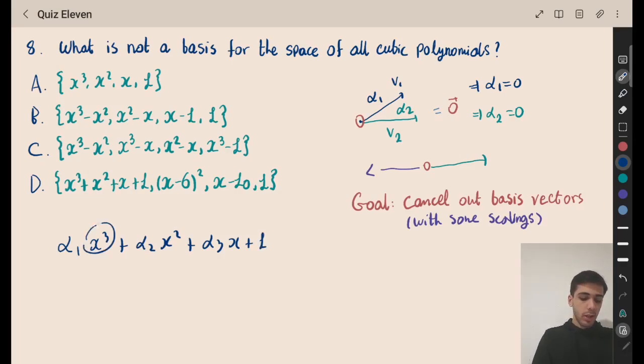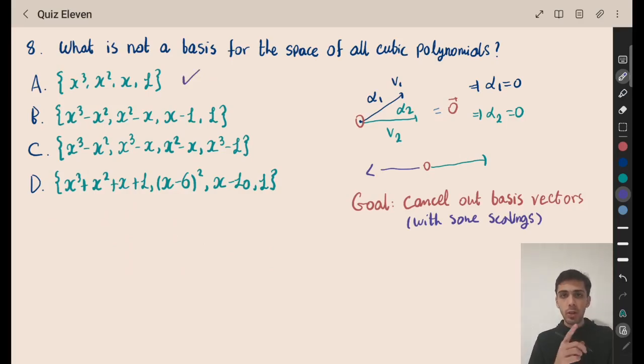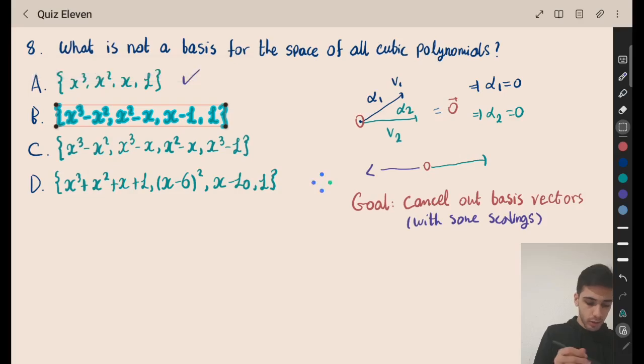How would you cancel x cubed with x squared, or x squared with x, or x with 1? This wouldn't simply happen at all. So it is safe to say that this set will actually be linearly independent. Well, I have not expanded it in the way that I should have, perhaps.